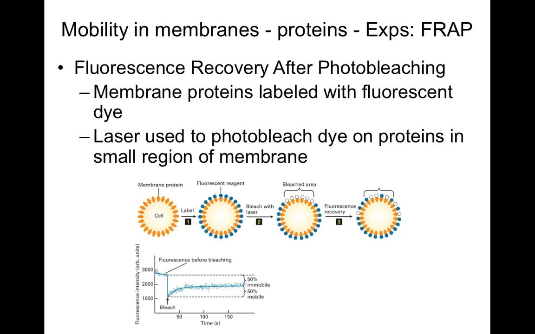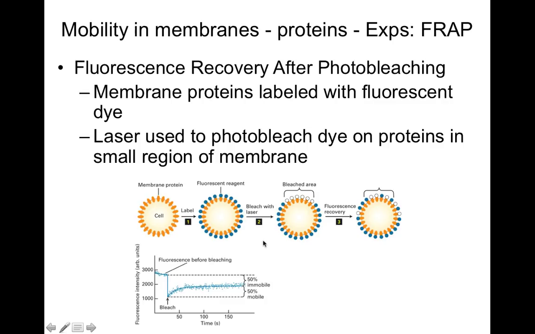To prove that, an experiment was done to prove the mobility of proteins within membranes. This experiment is called FRAP, F-R-A-P, fluorescence recovery after photobleaching. In this experiment, they looked at a cell, targeted the membrane proteins, and dyed them with fluorescence labeling.